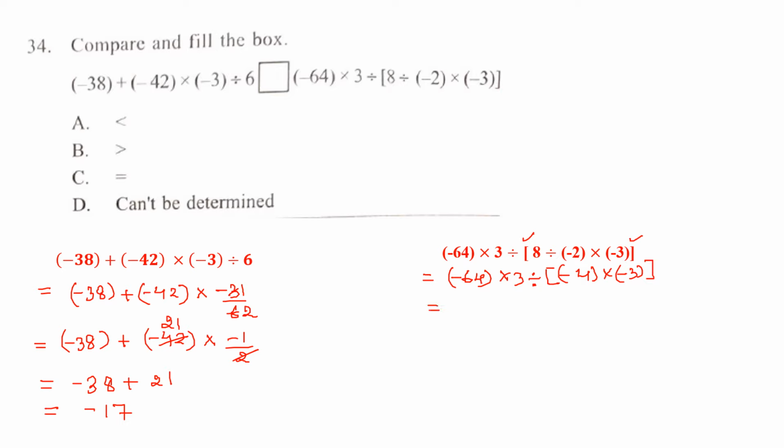Okay. Next, minus 64 into 3 divided by minus 4 into minus 3 will give you 12. And if you divide it further, 3 times 1, 3 times 4, and minus 64 divided by 4 will give you minus 16.